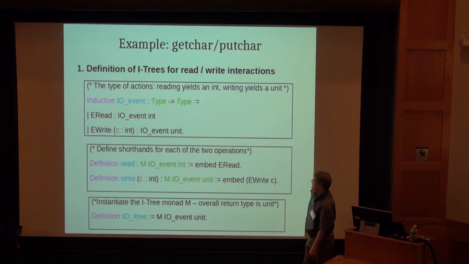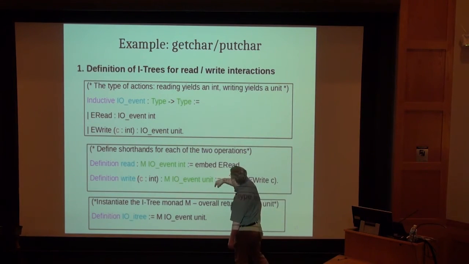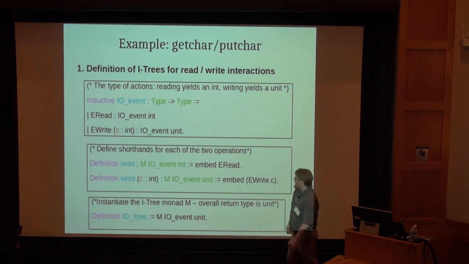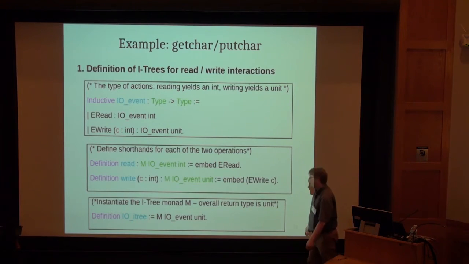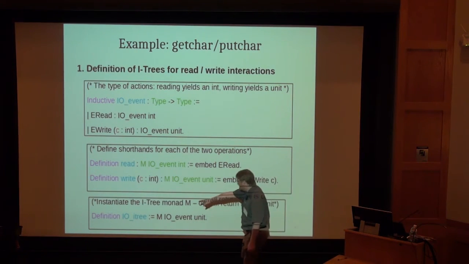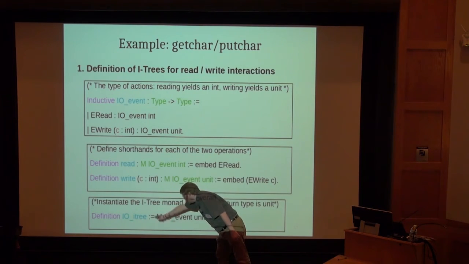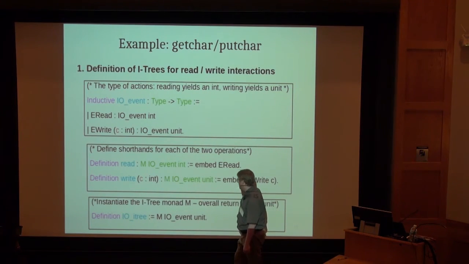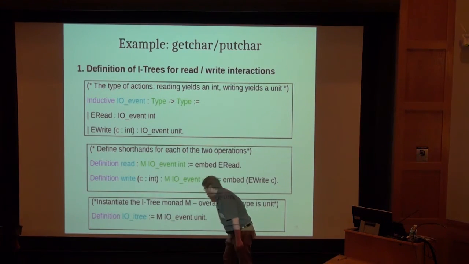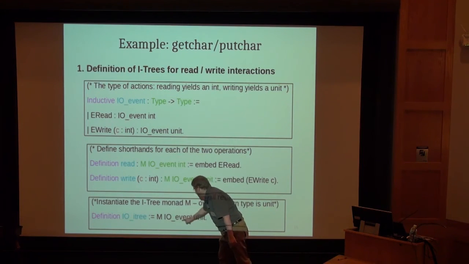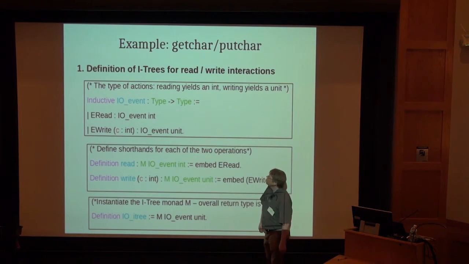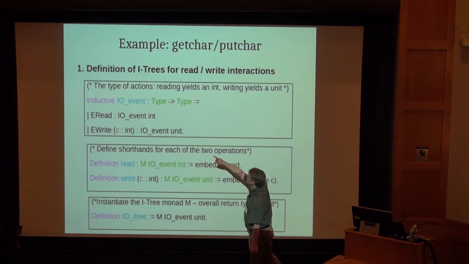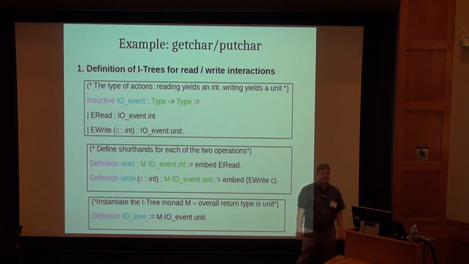We can even define some nice syntax for that as shorthands, and then we can use the general construction of the interaction trees to define our I/O trees, which are exactly the general tree constructions instantiated with this I/O event and maybe with overall return type unit. So the last thing is that we will write something.